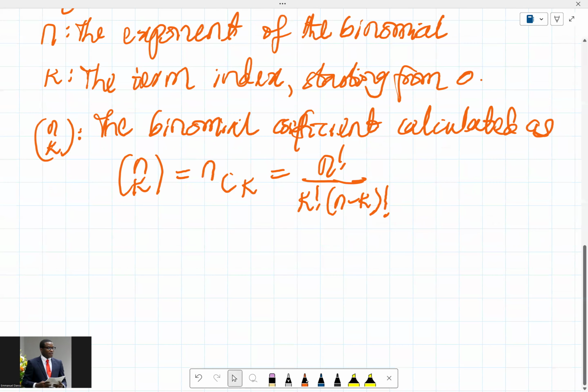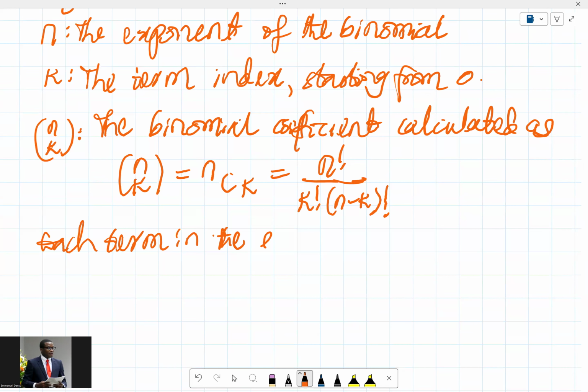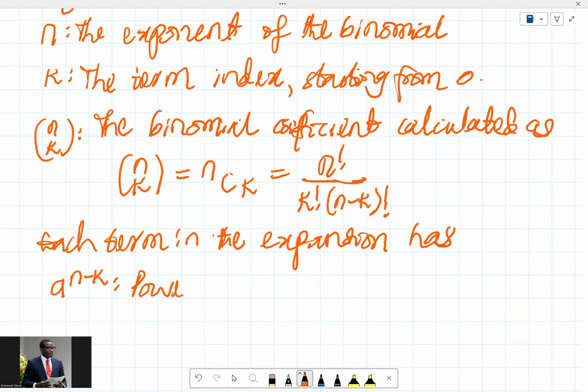So then you see that each term in the expansion has a raised to power n minus k, and these are decreasing powers of a.